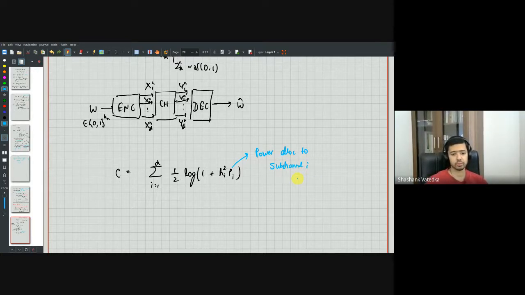Right? So the total rate at which you can transmit will be the sum of the rates over which you can transmit across all the subchannels.